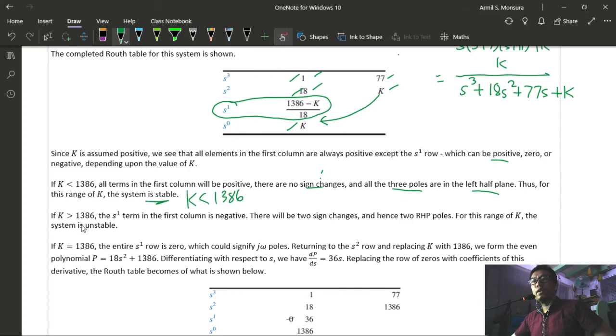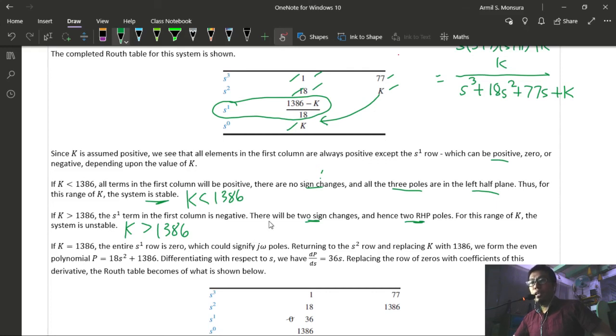Now, if K is greater than 1386, the s raised to 1 term in this first column is negative kasi mas malaki na siya sa 1386. There will be two sign changes, and hence, there will be two right half plane poles. For this range of K, your system is unstable. That is for K greater than 1386. Yung system nyo ngayon magiging unstable.